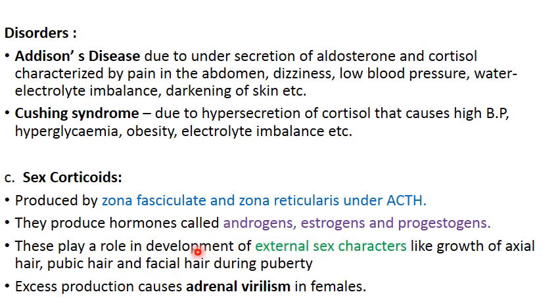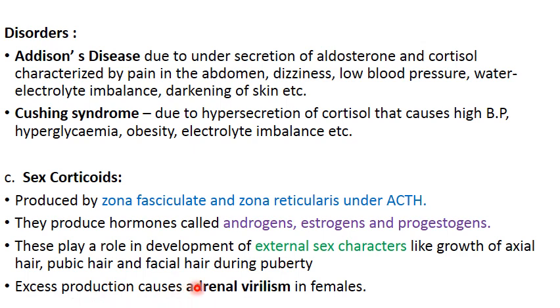So these hormones play a role in the development of external sex characters like growth of the axillary hair, pubic hair and facial hair during puberty. The male pattern of hair distribution and the female pattern of hair distribution is different. Females have high pitch voices, males have low pitch voices, so there is also the difference in the vocal cords.